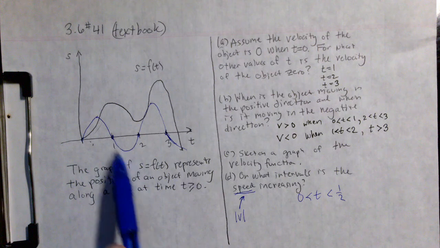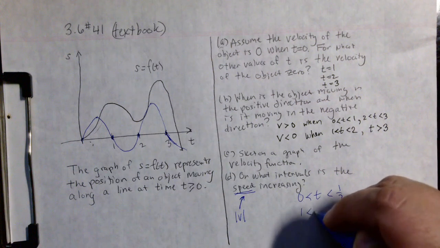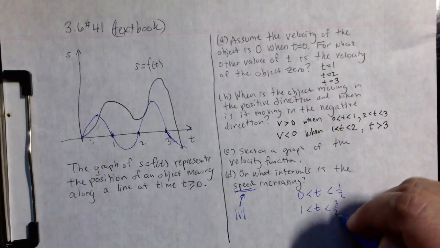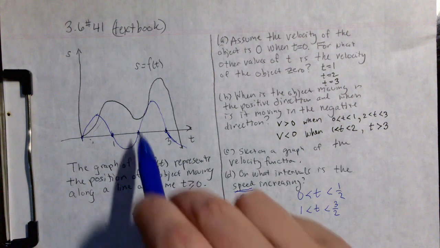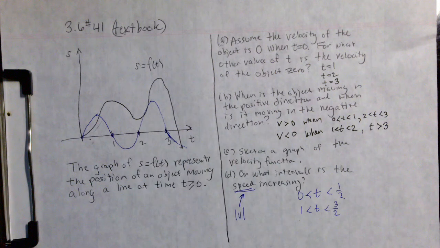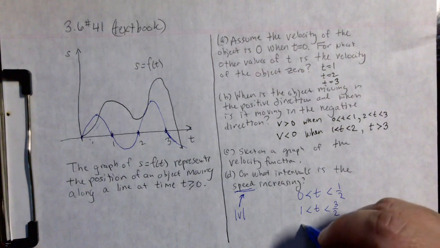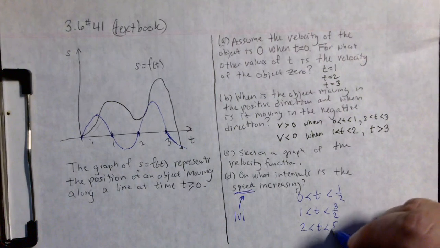Now, we also see between 1 and 1.5, the velocity graph is also getting further and further away from 0. It's going in the negative direction in that case, but remember with speed, we're not concerned with direction. And then finally between 2 and 2.5, so between 2 and 5/2.